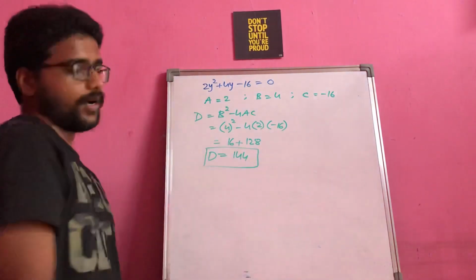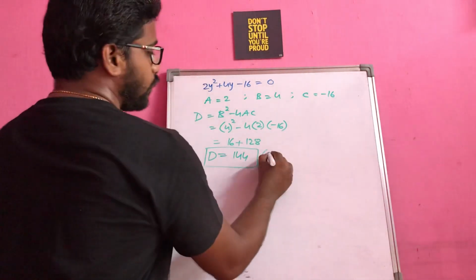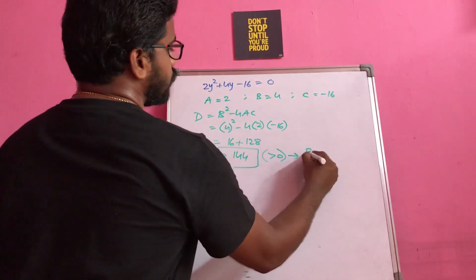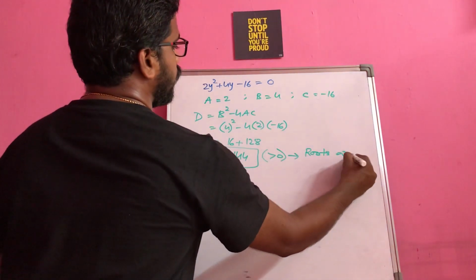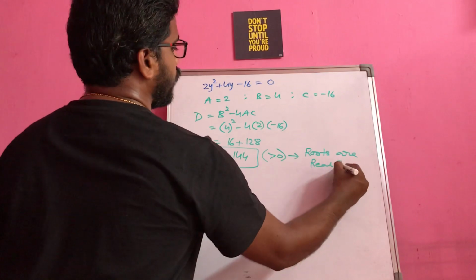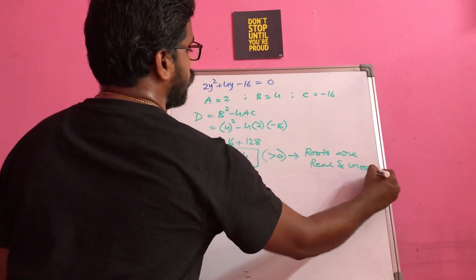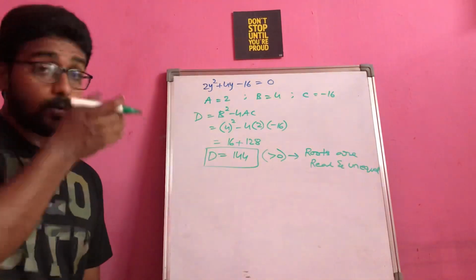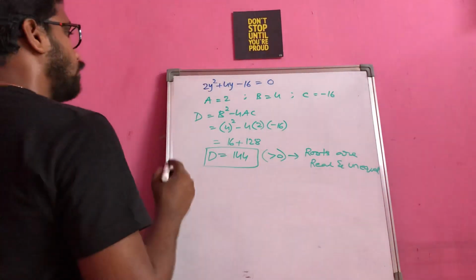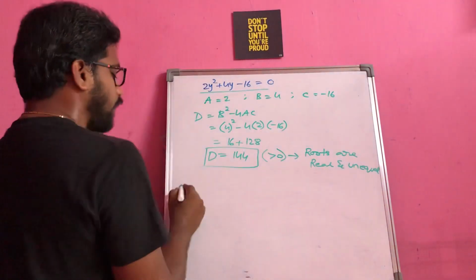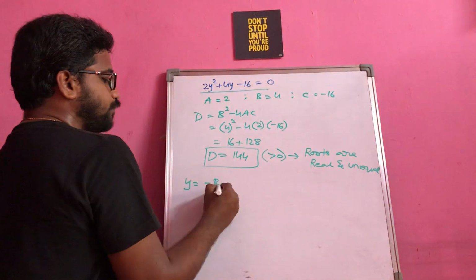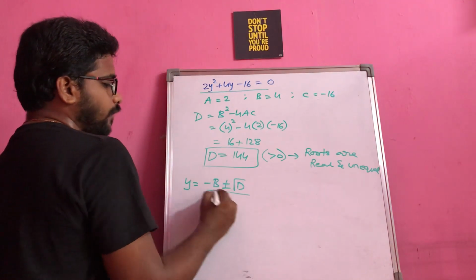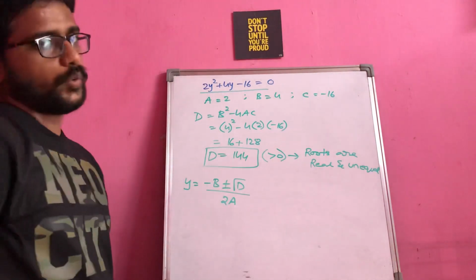D is 144. Clearly this value is greater than 0, which means the roots are real and unequal. That means you are getting two distinct roots for this given quadratic equation. So here my variable is y. So y is equal to minus b plus or minus root D by 2a.